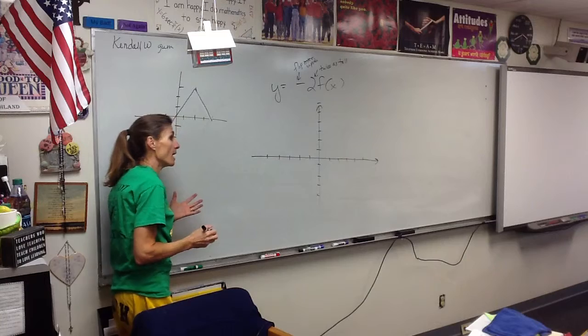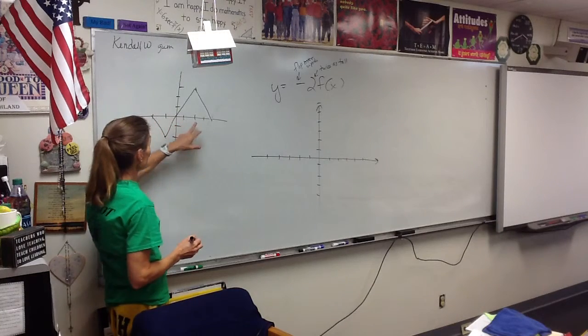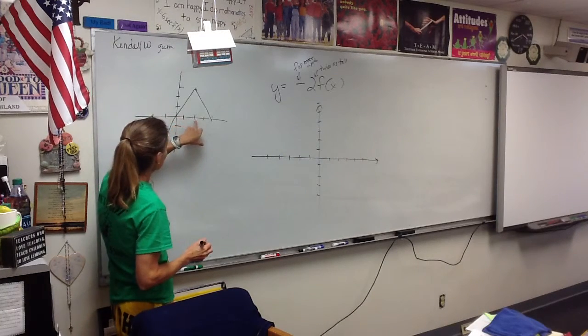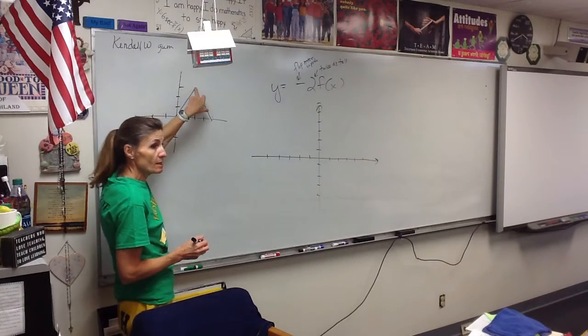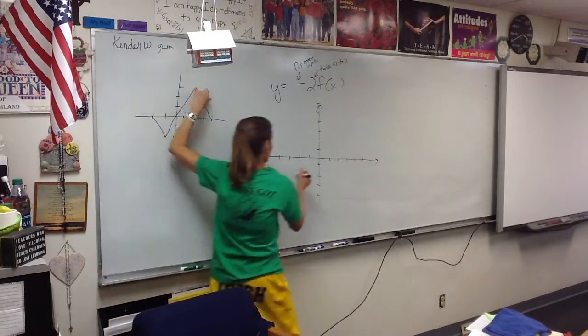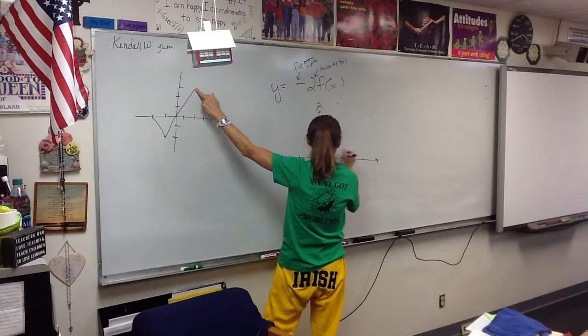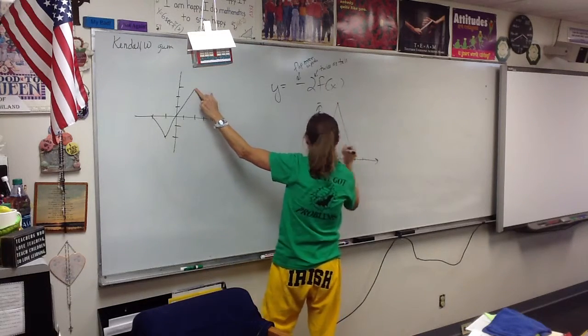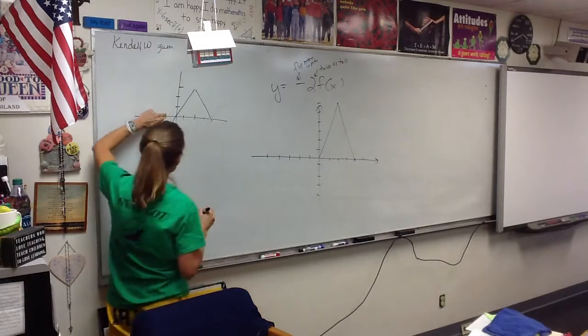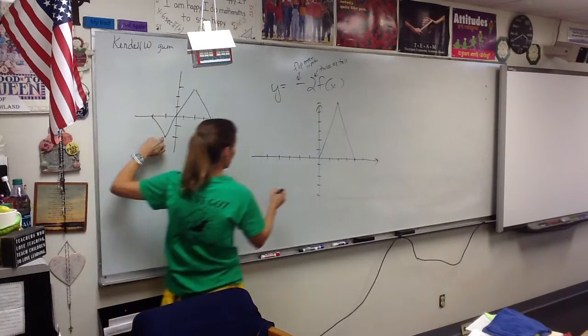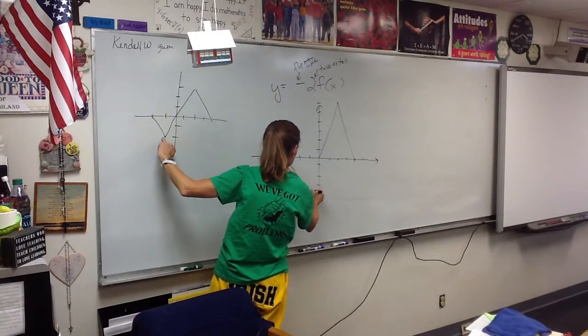So I'll do one at a time. The original picture goes over 2 and up 3. So this one's going to go over 2 and up 6. The original picture goes over 1 and down 2. So it's going to go over 1 and down 4.